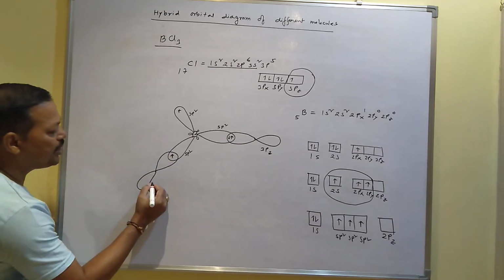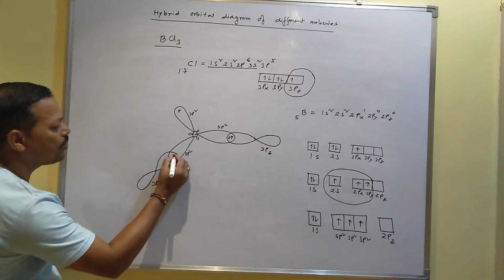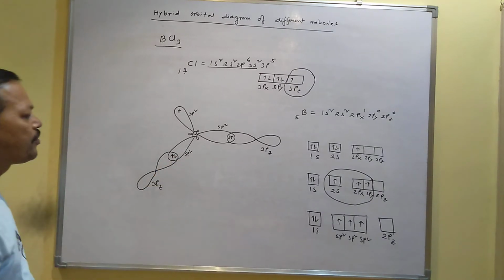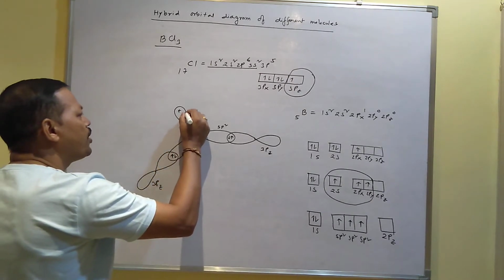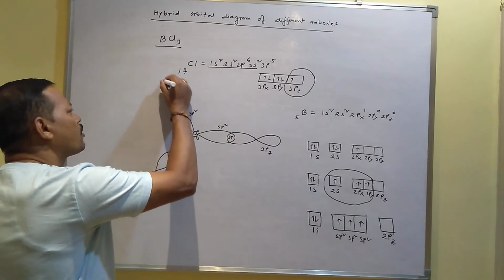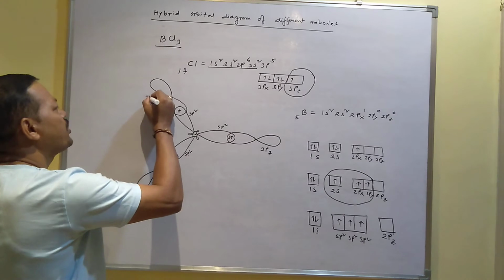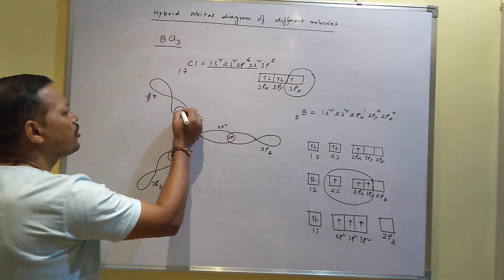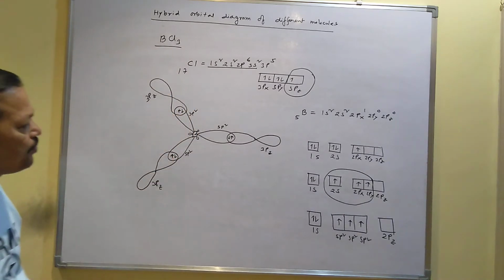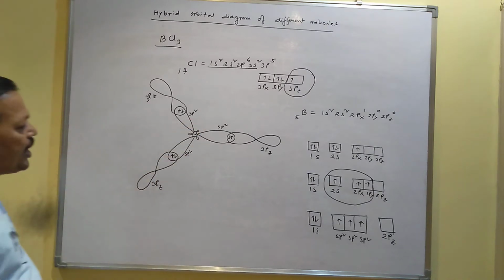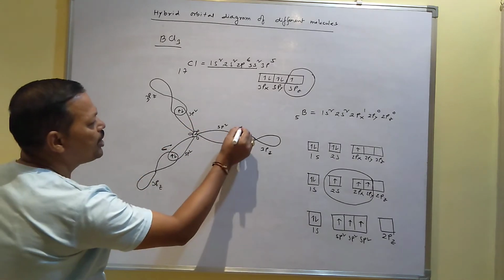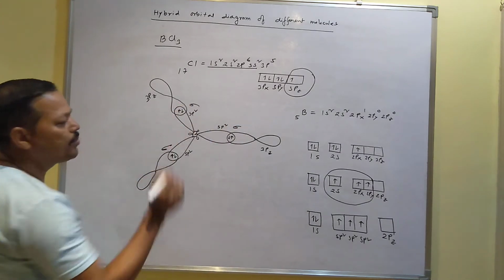Here also you get 2 electrons, and another 3pz overlaps with this one. This is the 3pz of the third chlorine. Here you get 2 electrons. All the overlaps are head-on overlaps, so here a sigma bond, here also a sigma bond, here also a sigma bond.